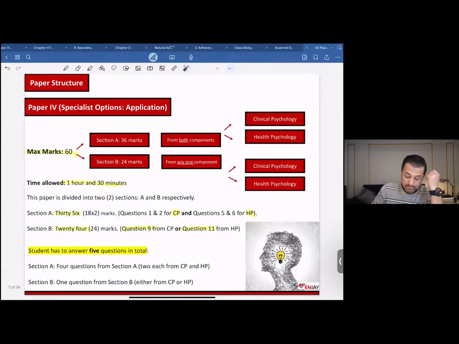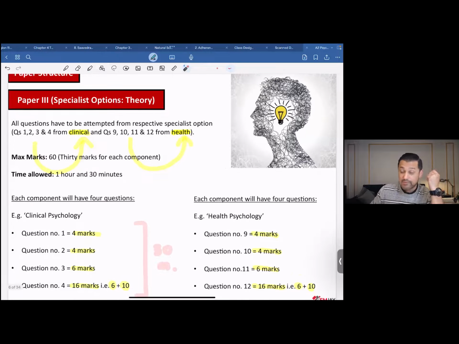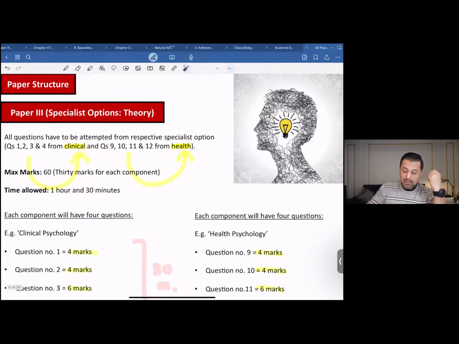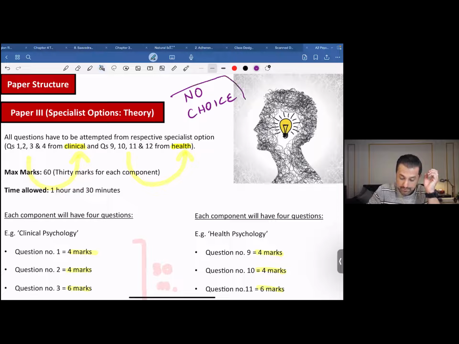Now, talking about paper 3 first, in paper 3, you'd have to attempt all questions. Yes, there is no choice when it comes to paper 3.